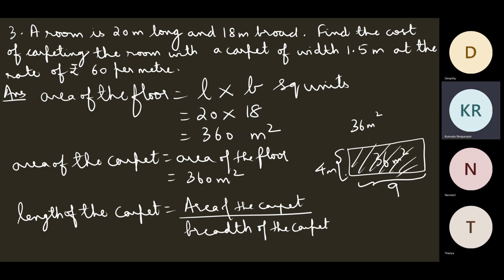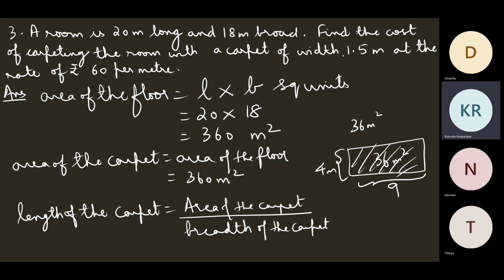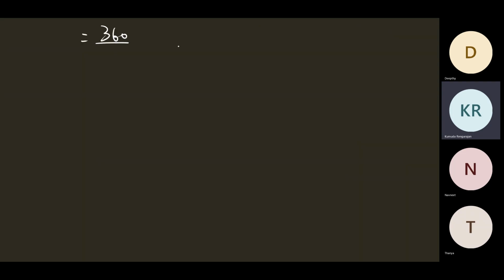So that is equal to area of the carpet, 360 meters square, and the width of the carpet, that is the breadth of the carpet, is 1.5 meters. So now how do we divide? We have to multiply both the numerator and denominator by 10 in order to get rid of the decimal point.